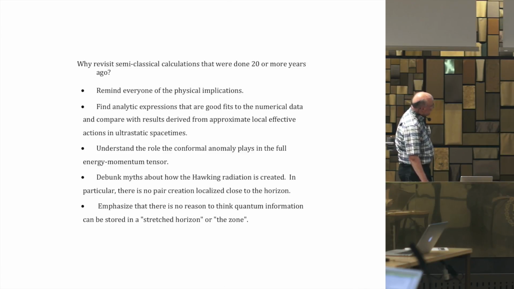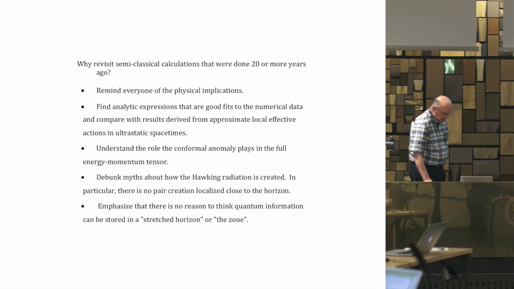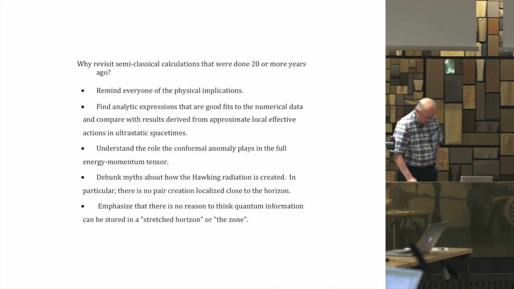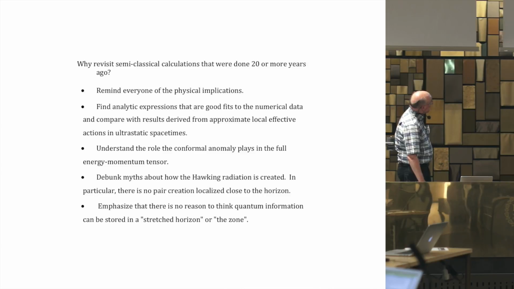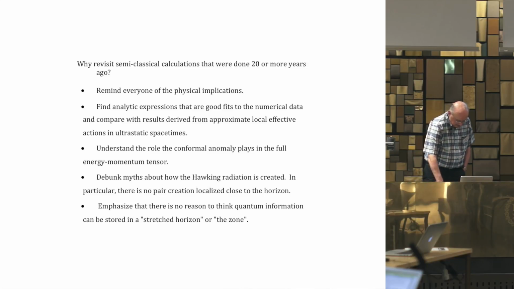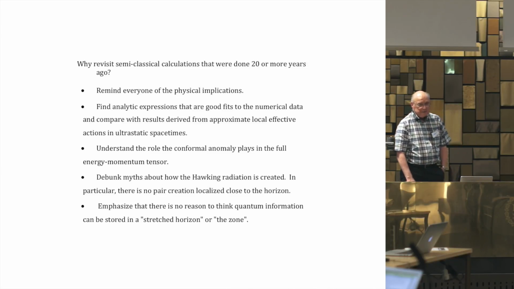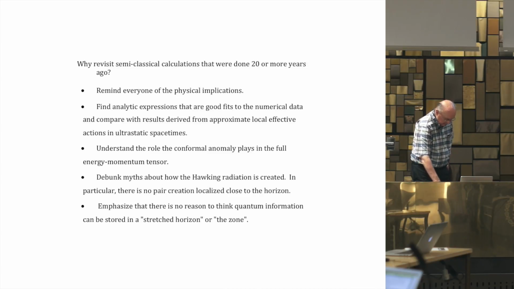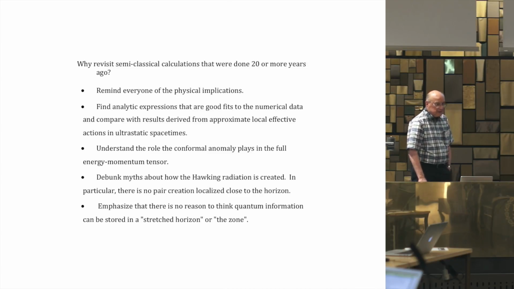Another issue that needs perhaps reinterpretation is the role of the conformal anomaly in the energy momentum tensor, which I'll talk about, and I'll also debunk what I consider myths about where the Hawking radiation is created. I can argue that it's not created very close to the event horizon.